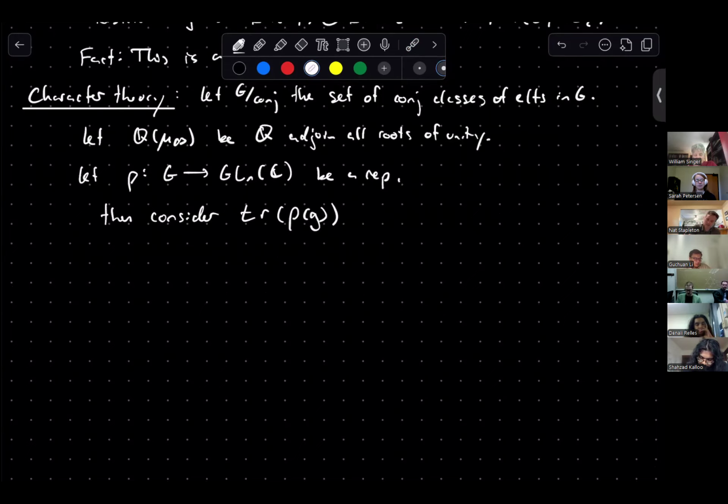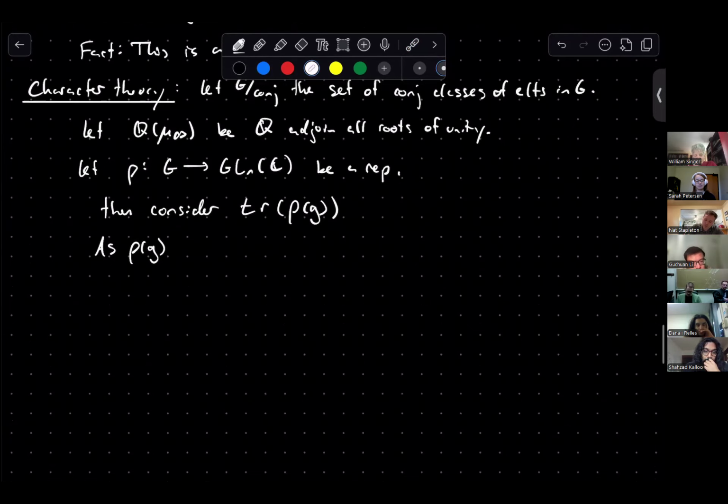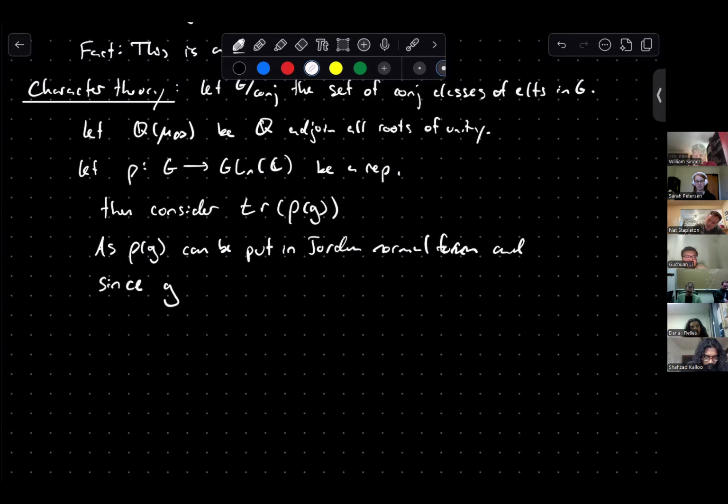But as rho of g can be put in Jordan normal form, and that doesn't change the trace because it's conjugation invariant, and since g has finite order, once I've got rho of g in Jordan normal form, there's just roots of unity along the diagonal.